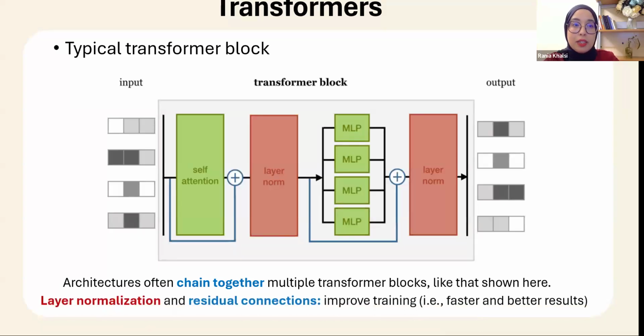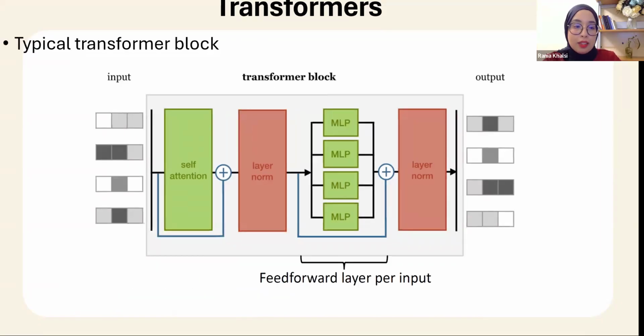For layer normalization and residual connections, the main reason for introducing them here is that they improve training. It makes it faster, for instance, and it can lead to better results. Now for the MLP component, you see the feed-forward layer per input here.